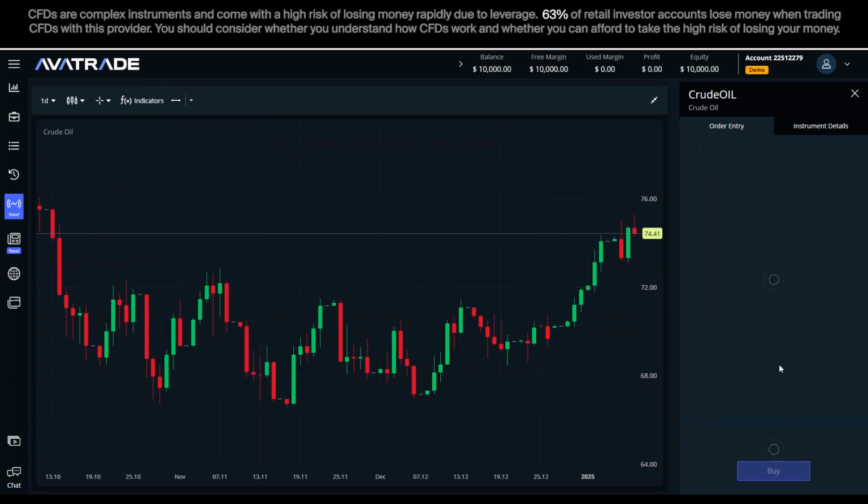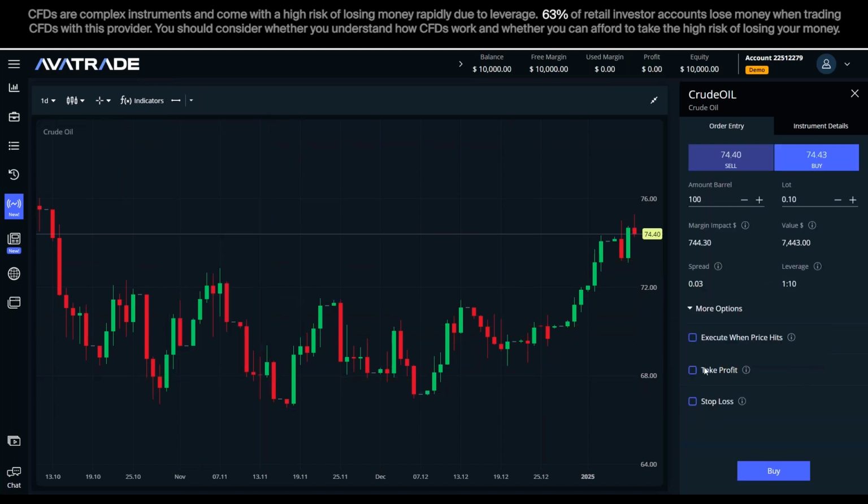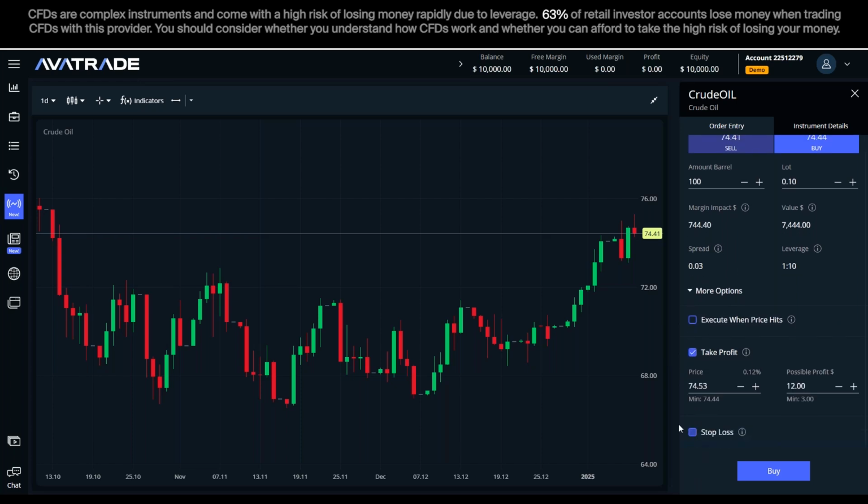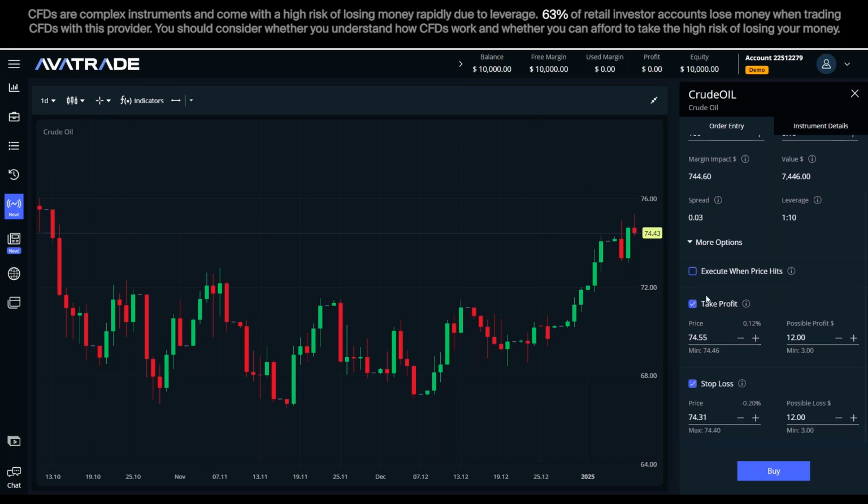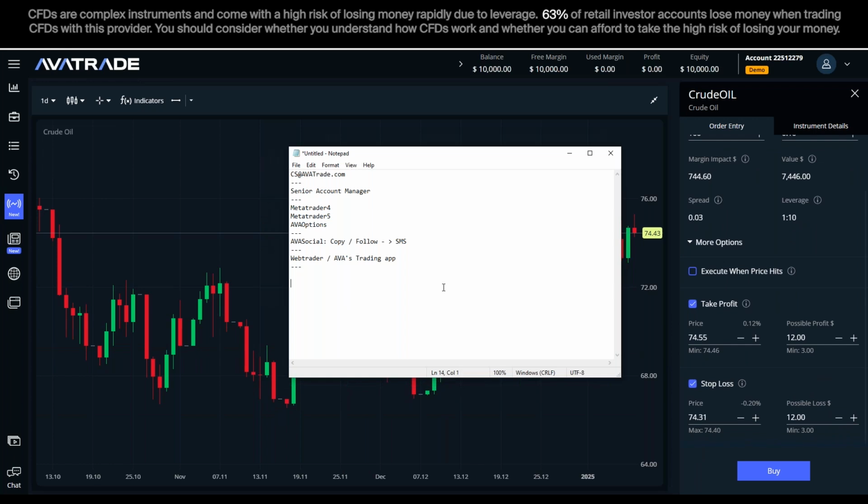And what do the take profit and the stop loss do? They are pending orders. That means that the take profit stops the position with a profit, and the stop loss stops the position with a loss automatically.